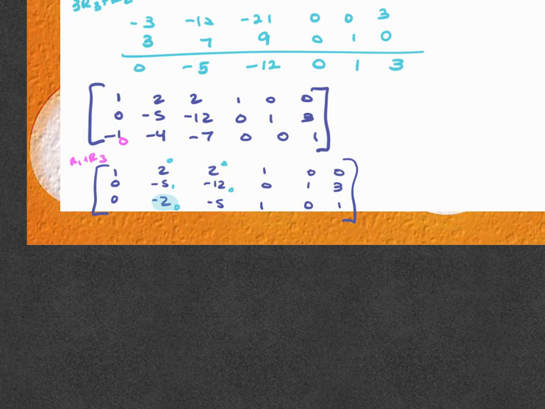So I can do -1 or -2 row 2 plus 5 row 3. So the -2 on this one does that, and then the 5 on the bottom.